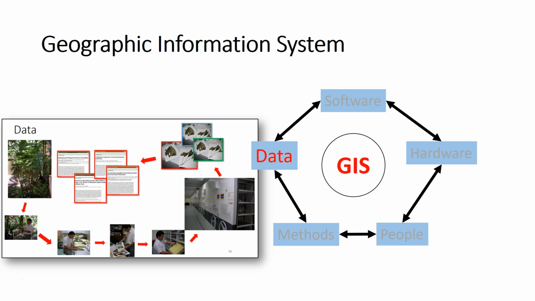Ideally, I would ask you to collect data, right? The real biodiversity data. But I think maybe that is too much for you to do. Because it's unfair for you to learn GIS at the same time you have to go to the forest and look for the tree, identify the tree, get the data, right? So now, just imagine you are a population of an animal, whatever animal you want to call.